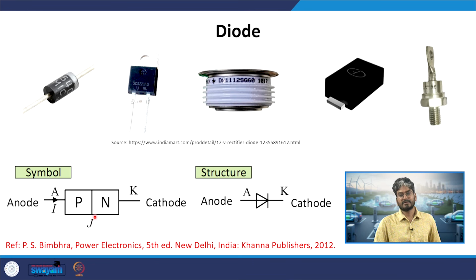Sometimes our diode is called a PN junction diode. Generally we neglect the PN suffix in our discussion, but initially they were called PN junction diodes because of their structural construction. We will have a P layer, an N layer, and a junction in between.